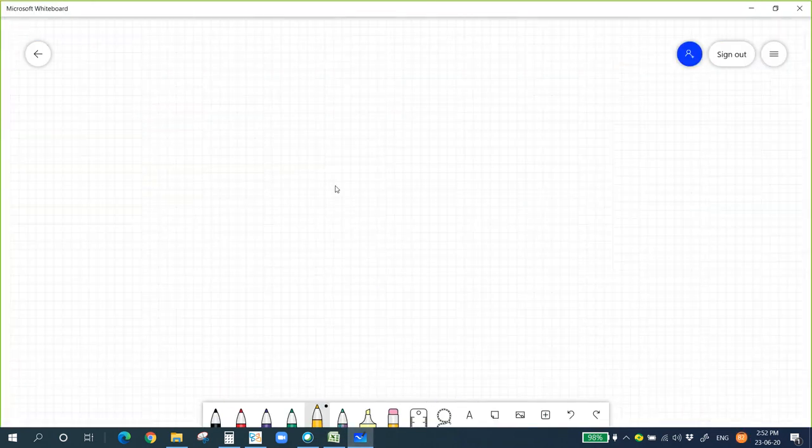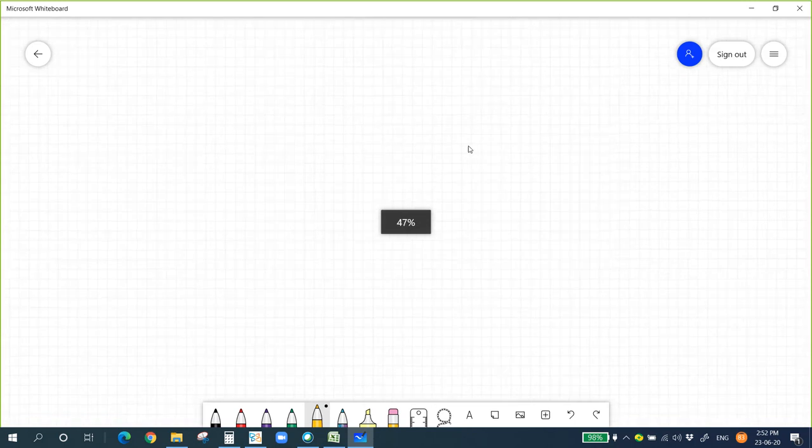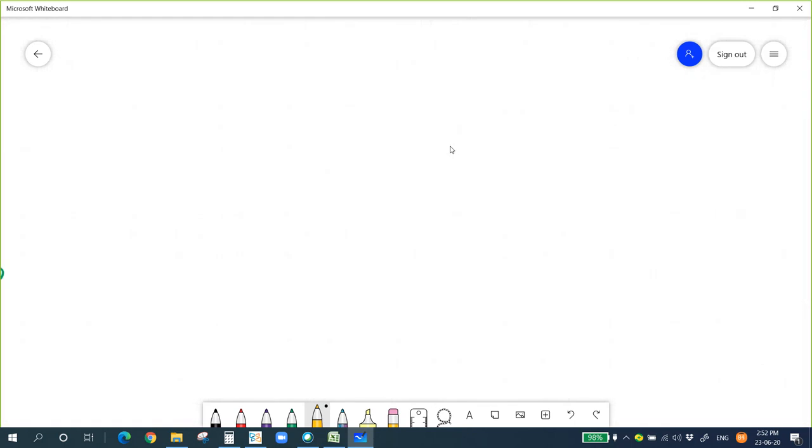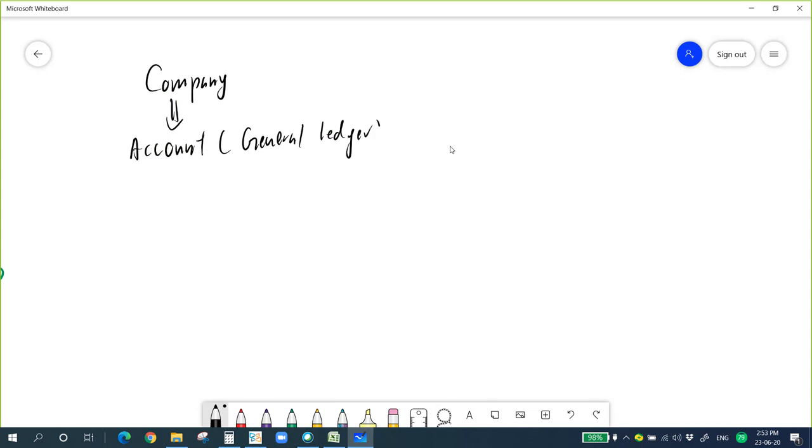Alright, we change to a new one. So in a company, we will prepare what? We will prepare account. The account we call what? General ledger. In this general ledger, we will have one account called bank account. This bank account we can consider as company record.